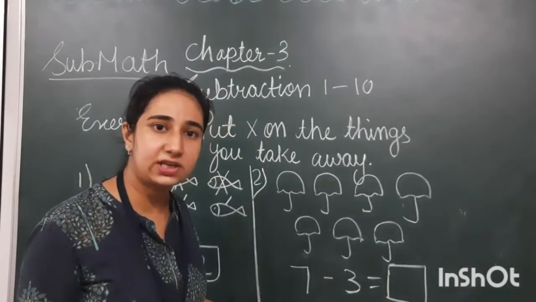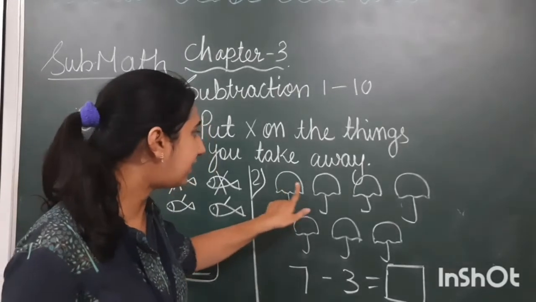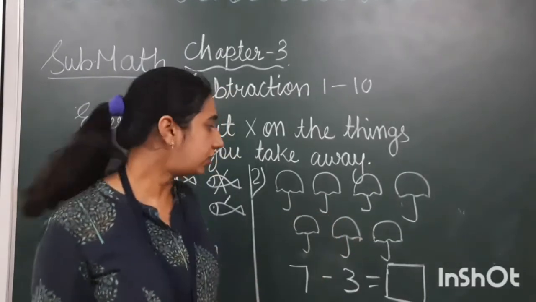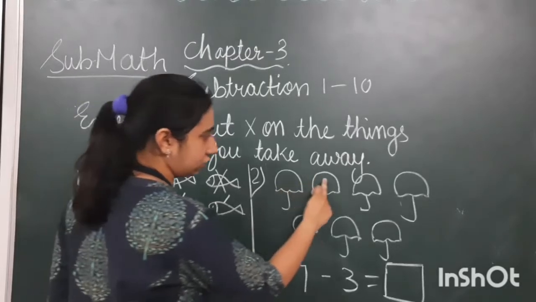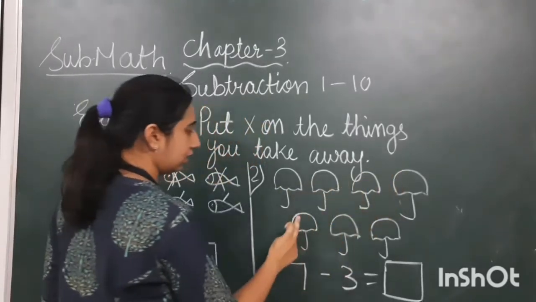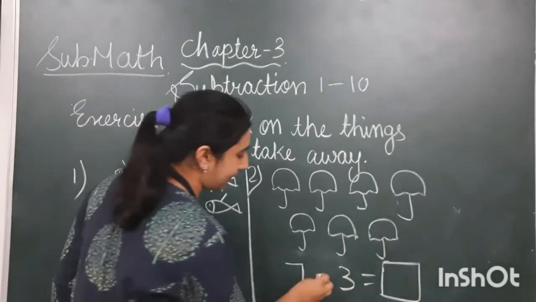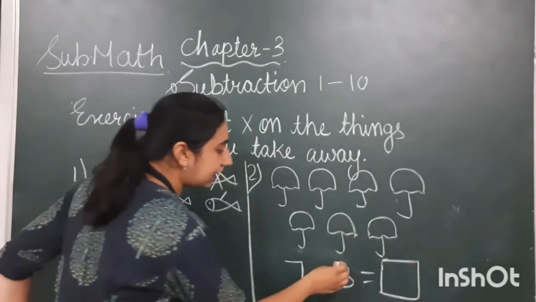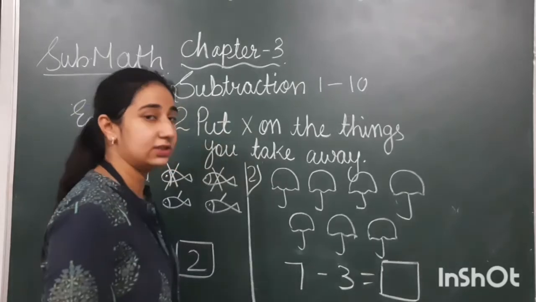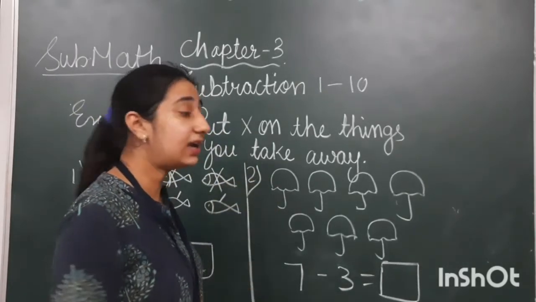Here, come on, second number. Number 7 is written here. 7 digit is written and 7 umbrellas are drawn here. 1, 2, 3, 4, 5, 6 and 7. After that a sign of minus is written and after that number 3 is written. So 3 umbrellas are taken.